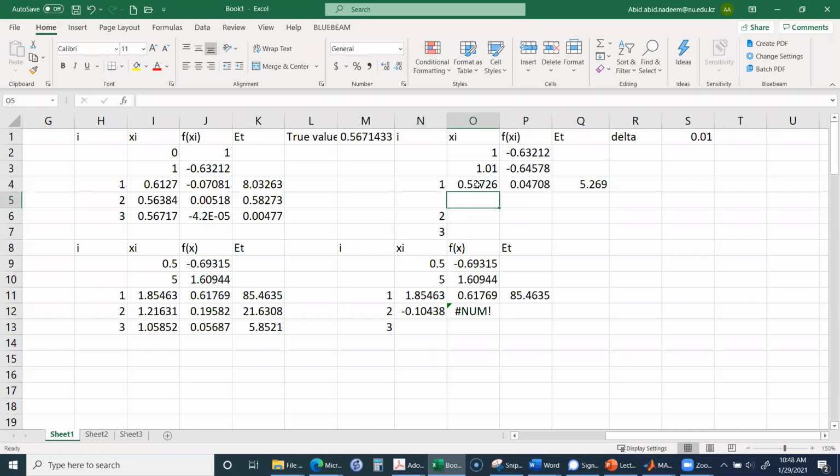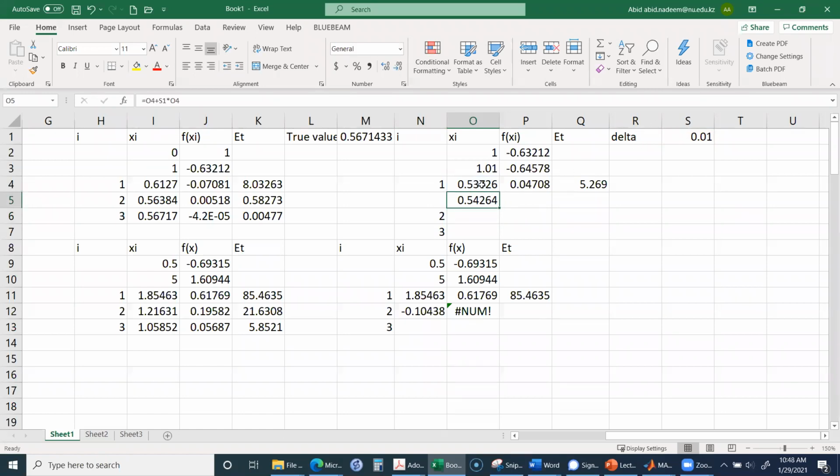So now, for example, over here, I will need to take this value plus 0.01 times the previous value. So it will be now this one.